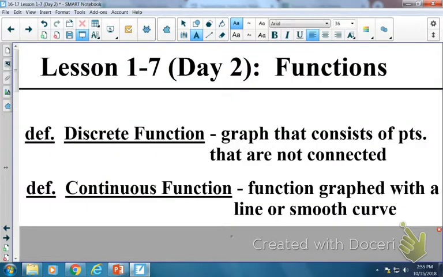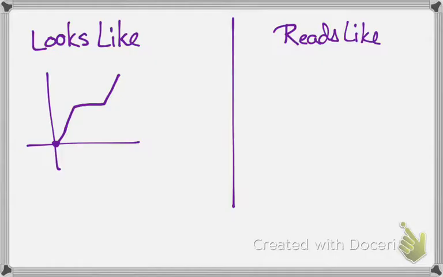So going back, next definition word, continuous function, which is a function graphed with a line or smooth curve. So if I want to see what it looks like and reads like, it looks like our time versus distance graphs, where it can be connected with a line of some sort.